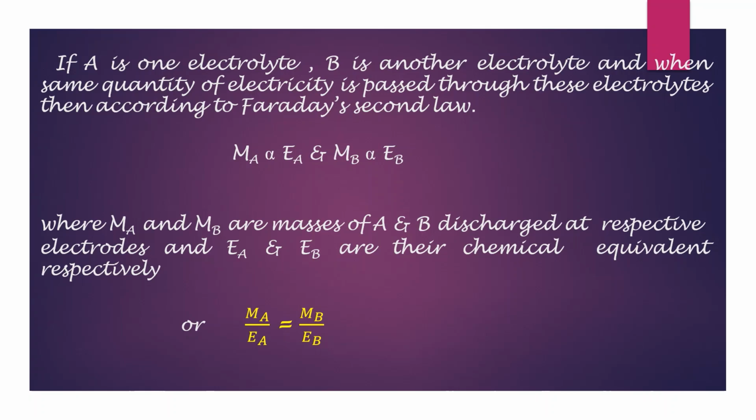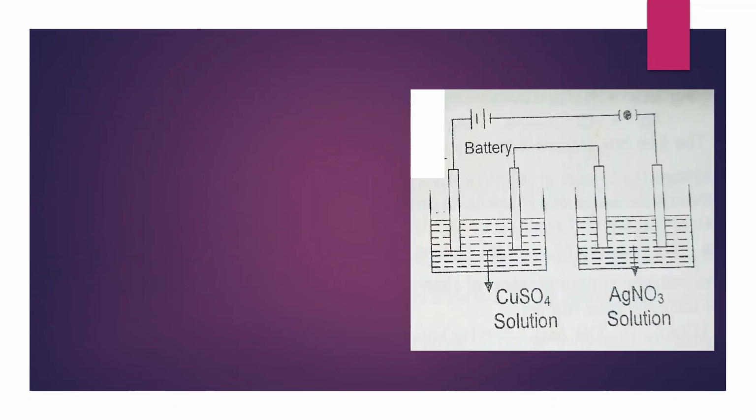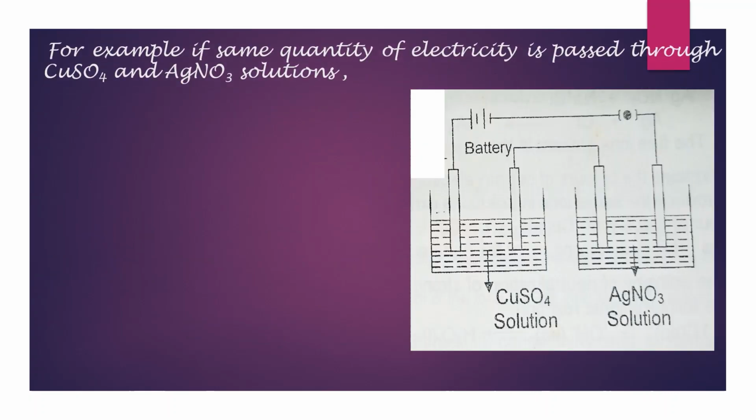Okay, now let us consider one example. If the same quantity of electricity is passed through CuSO4 and AgNO3 solutions, you can see here this is a CuSO4 solution, the other one is a silver nitrate solution, and two electrodes are dipped in each of these solutions, and these two are connected in series.